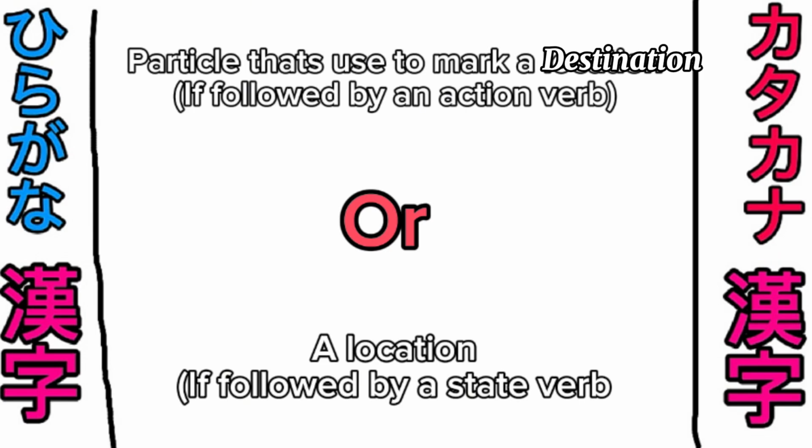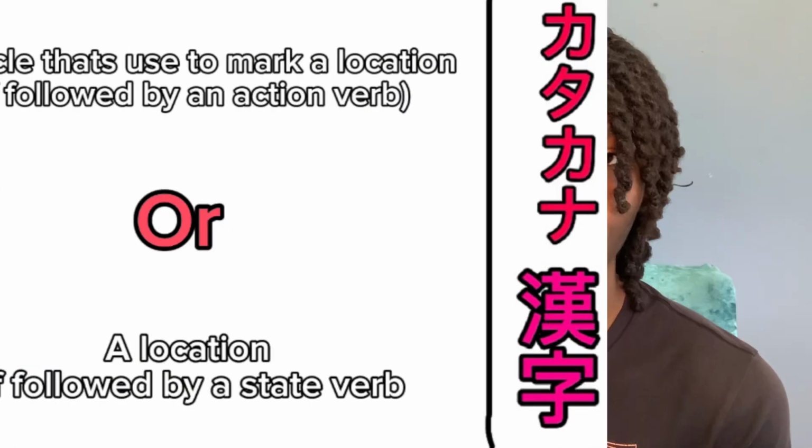It's the place that you will be going to, if followed by an action verb. The second function is that it tells the location, a place that you're already at, if followed by a state verb. I know that was a little janky, but that's generally the consensus of how ni is used.